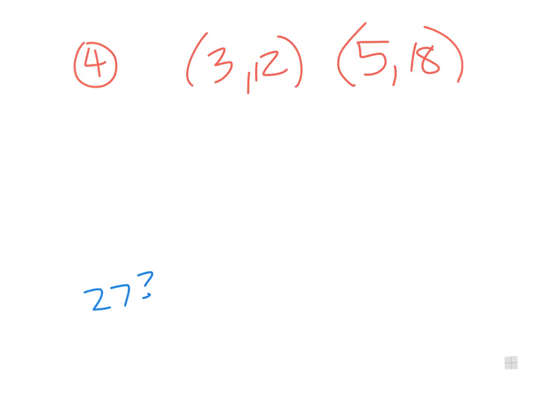Okay, so this is x, this is y, this is x, this is y. To solve this mathematically without having to graph it, you have to assign one point x and y1 and the other point x and y2. Here's your equation.